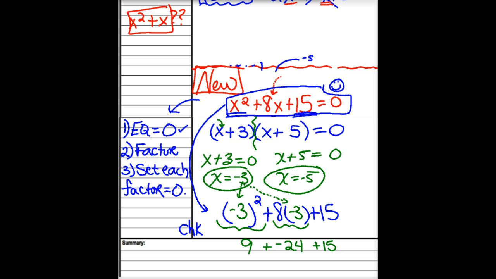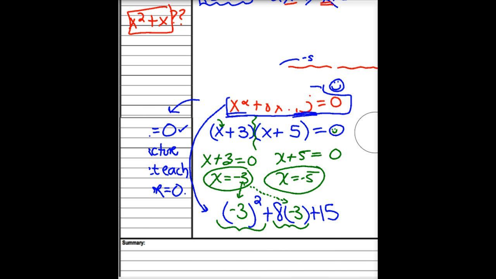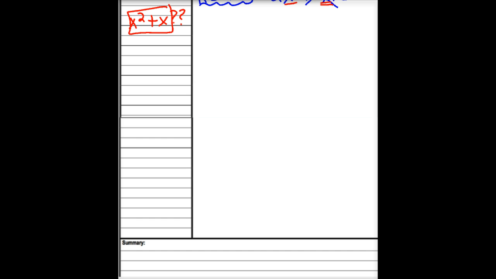When I add this up, I get 9 down 24, which is negative 15, up 15, and lo and behold, it poops out a 0. So I know that is indeed a solution. And if I had plugged negative 5 in here, it also would have given me a 0. So when we're solving by factoring, we factor and then set each piece equal to 0.